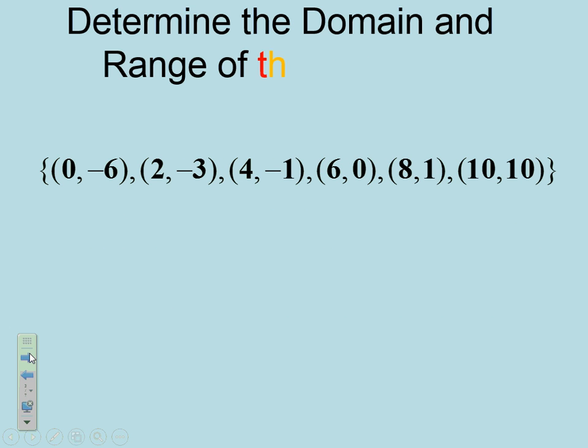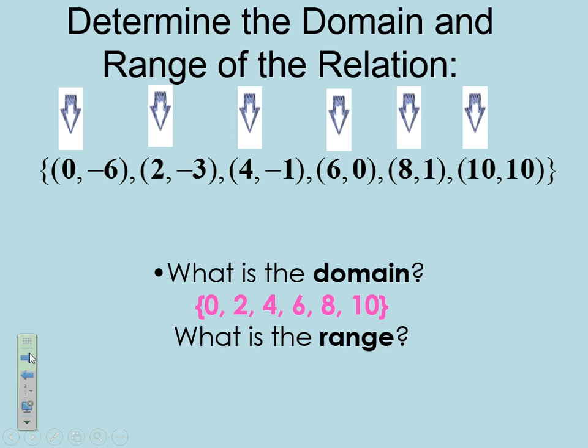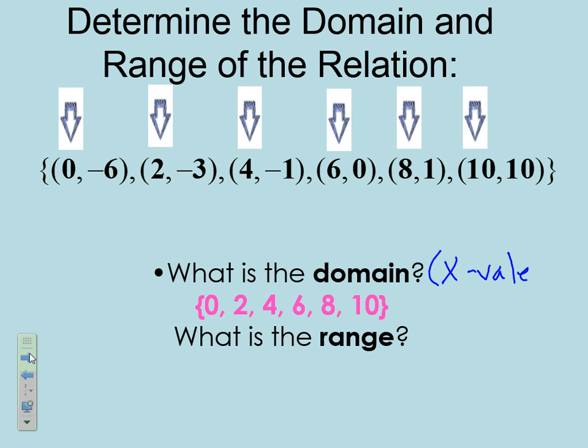Alright, here we have an example of domain and range. If we look at this set of numbers, I want you guys to write these down, okay? This is a relation, our set of numbers, as an ordered pair. If we look at this, we want to determine domain. We are going to look at our x values. So domain here is our x value. So it's all of our x values.